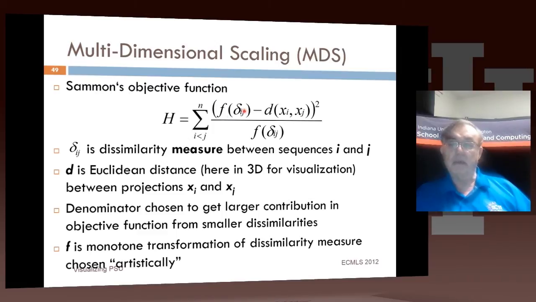Then you take this modified distance, subtract the distance in the map space, take the least square sum, and normalize it by 1 over the distance, so you enhance the importance of small distances, which are usually the most important, and you just minimize this function of xi. We did this in one case up to a couple 100,000 points, which was probably the largest one we ran up to now. So that's 600,000 parameters to be optimized.